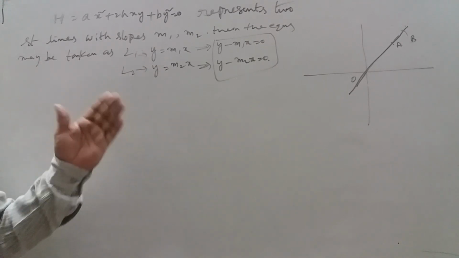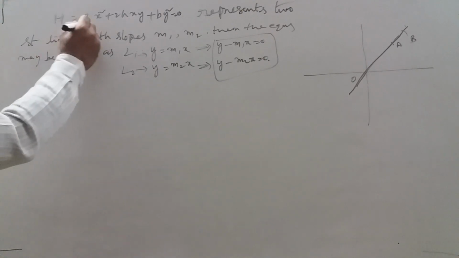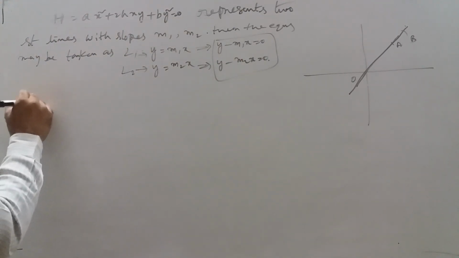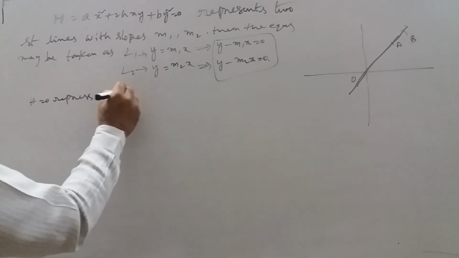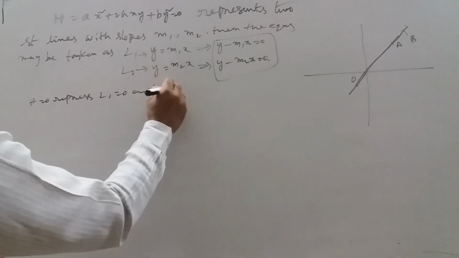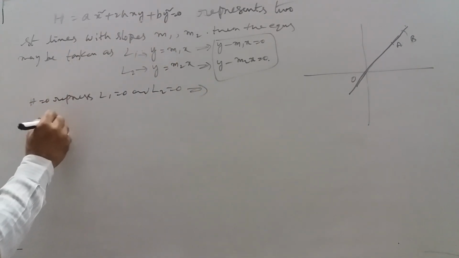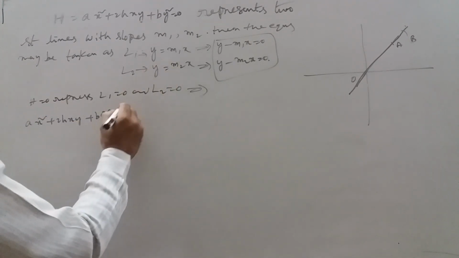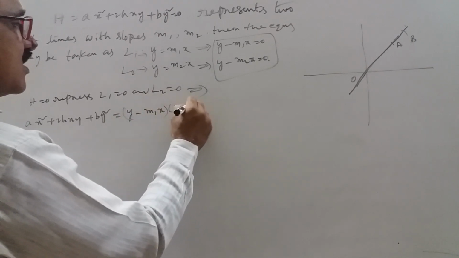We have to discuss the relation between slopes and the given homogeneous equation. If H is equal to 0 represents L1 is equal to 0 and L2 is equal to 0, that implies ax square plus 2hxy plus by square can be written as y minus m1x into y minus m2x.